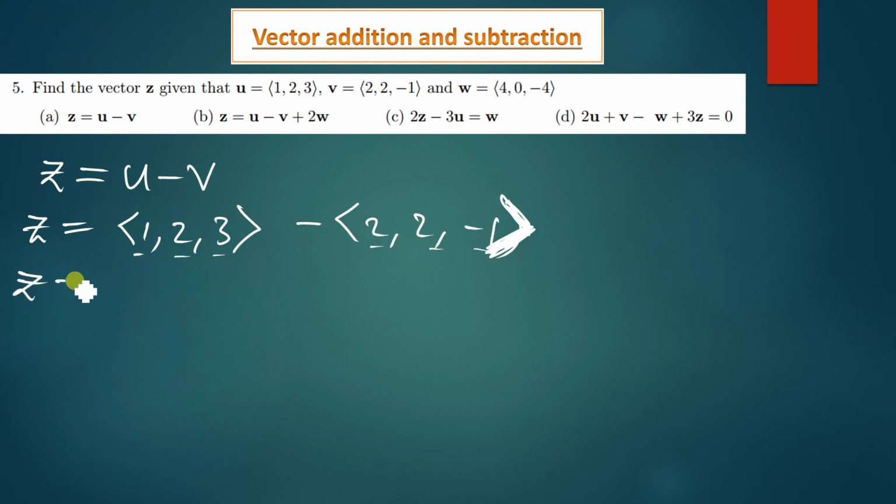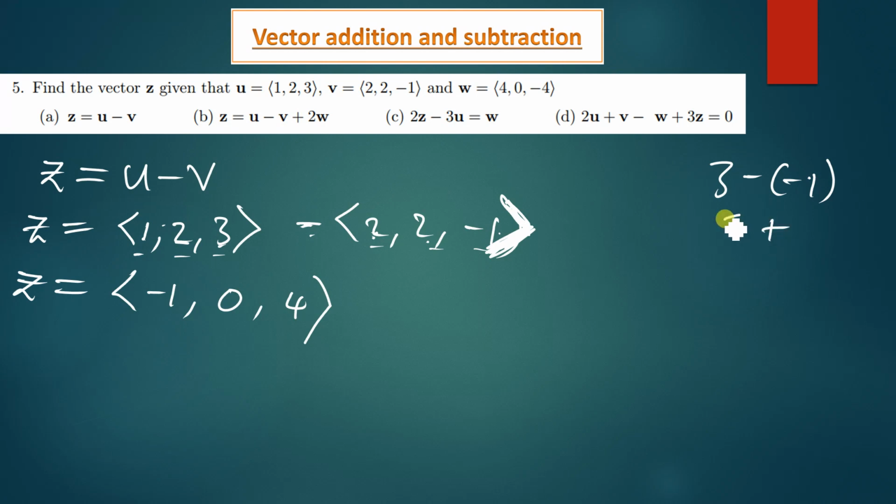To find z, I'm going to subtract: 1 minus 2 is negative 1, 2 minus 2 is 0, 3 minus negative 1 is 4, because a negative and a negative give a plus. This is the solution of the first question.